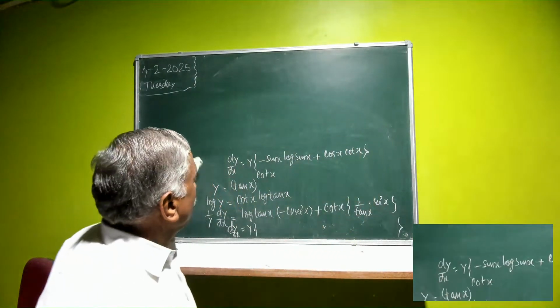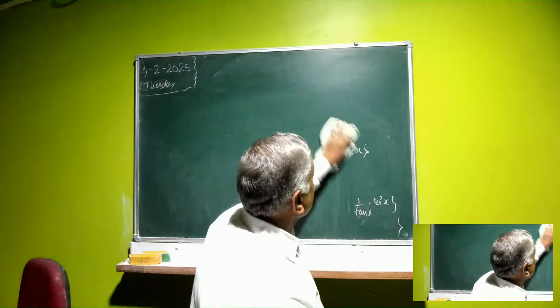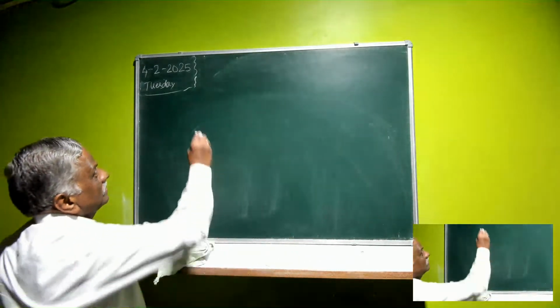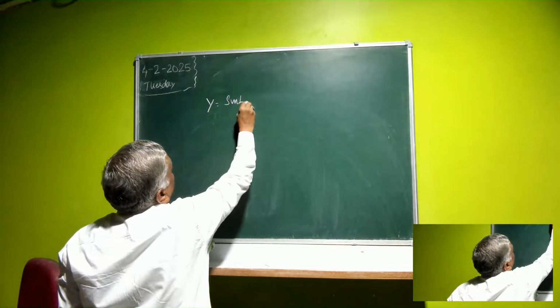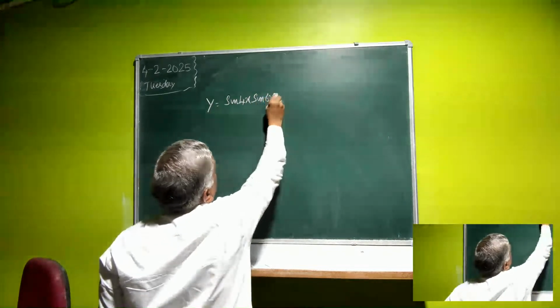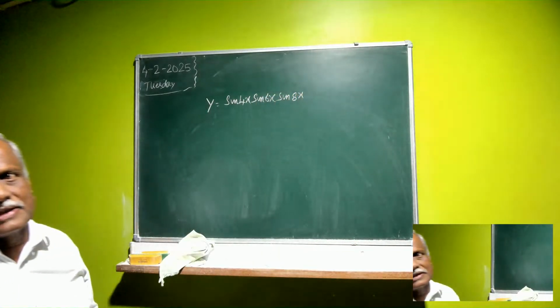When you notice it's the problem of function to the power of function, this is the first category. The next one is y is equal to sin 4x into sin 6x into sin 8x. A problem like this is given.